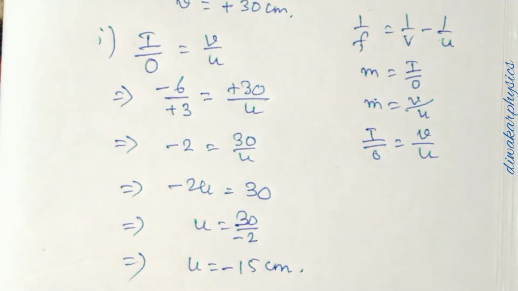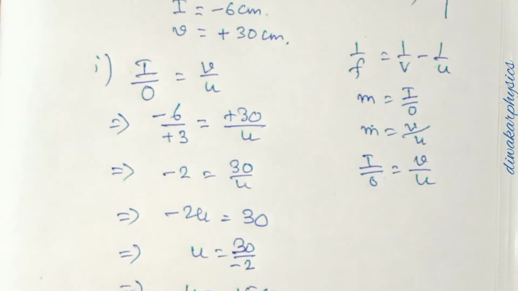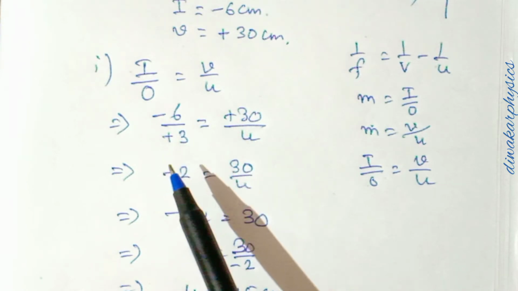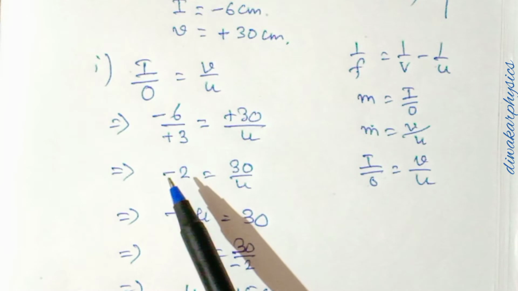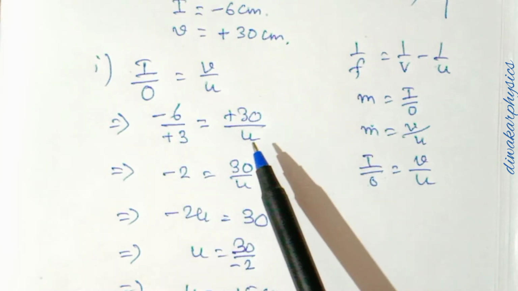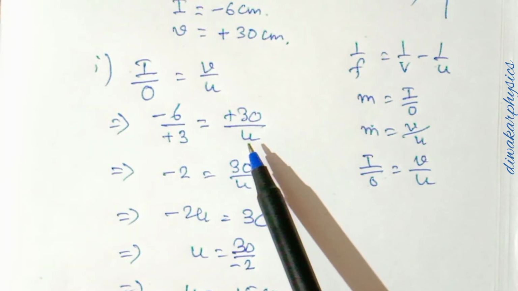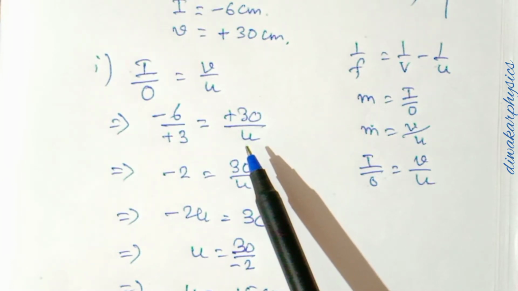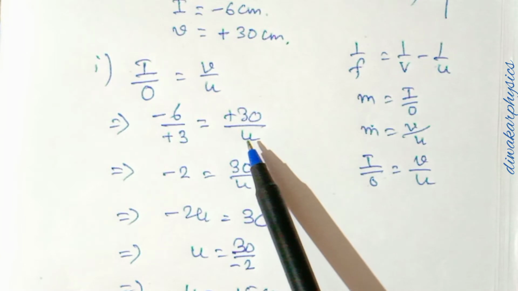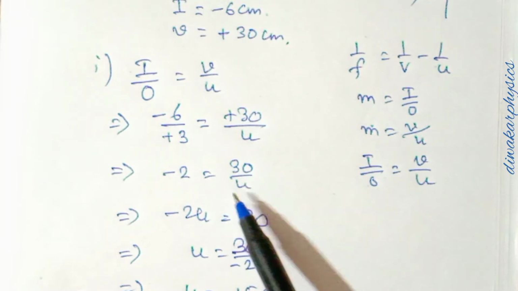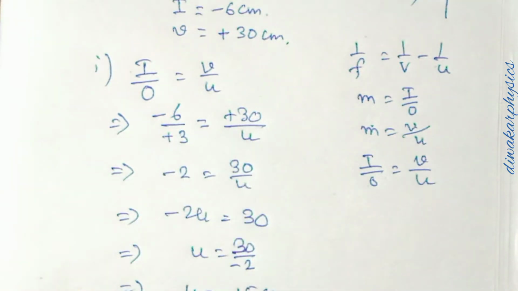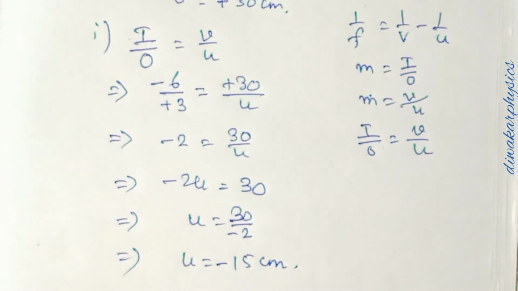One interesting point I want to tell you here: whenever you put sign conventions, only put the signs on the known values. For example, u is unknown here, and we know u is always negative for all convex and concave situations. So don't put a minus sign on u here. Don't put the sign of unknown quantities; put the signs of only known quantities.